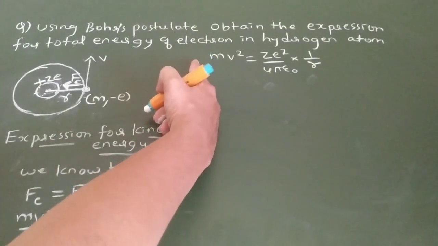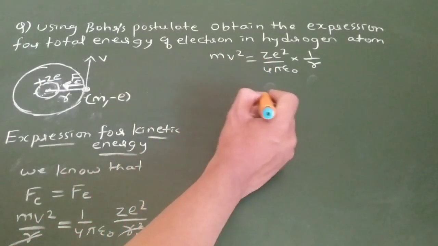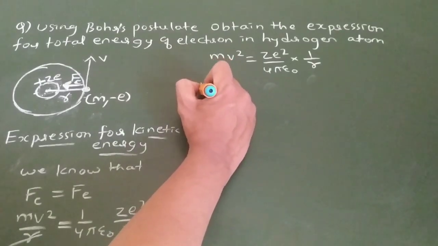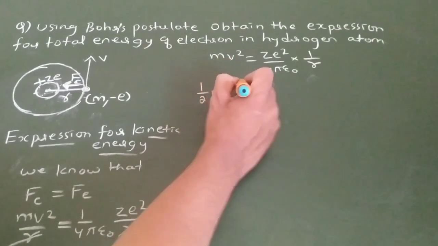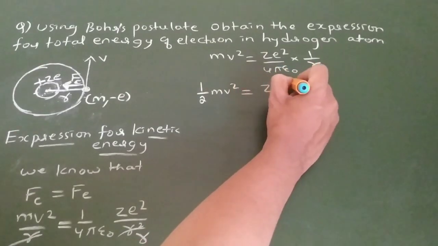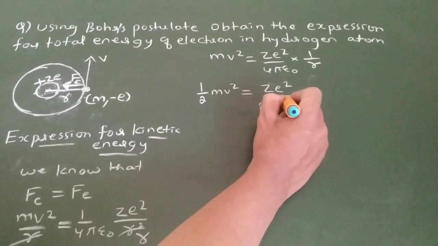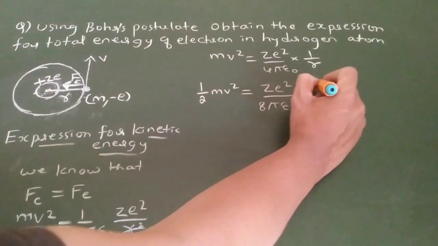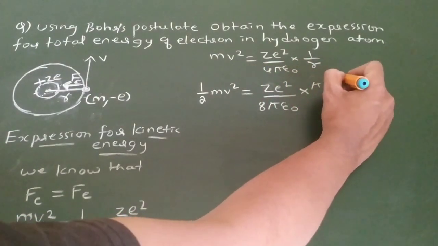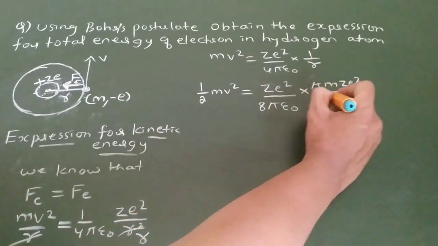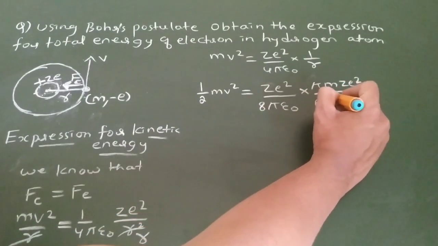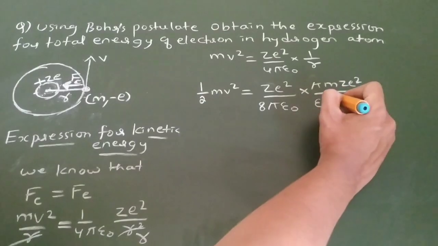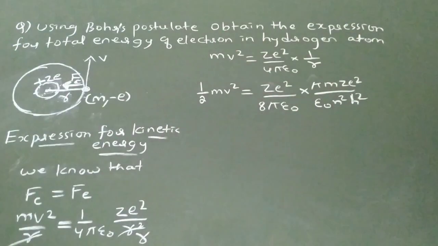If I multiply by half, I get half mv square equal to Ze square divided by 8 pi epsilon naught into 1 by r. Are you getting that? Why can I write it like that?